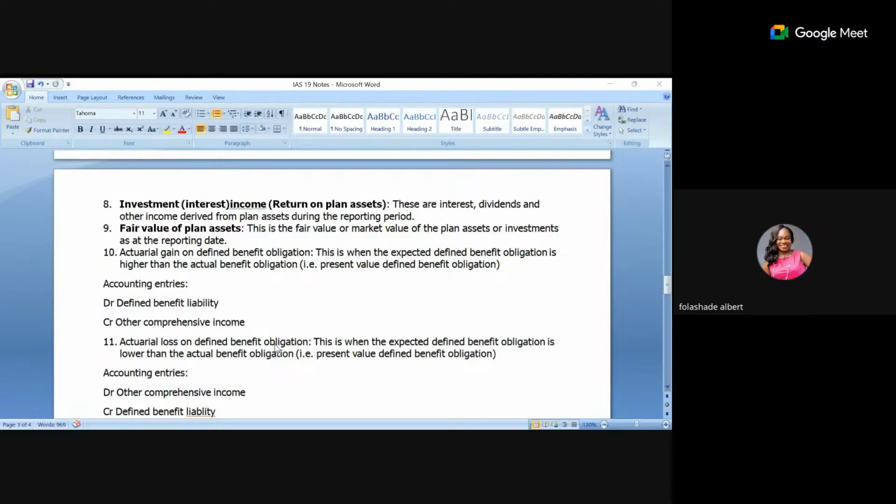Fair value gain on investment property. Are we recognizing it in P or L or OCI?